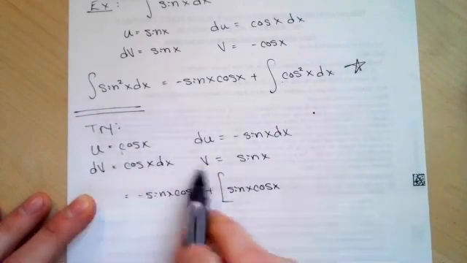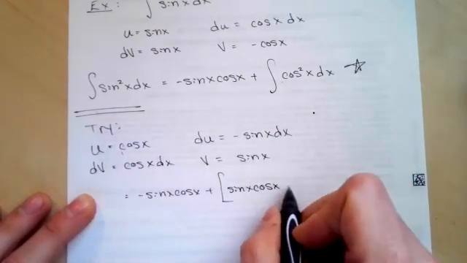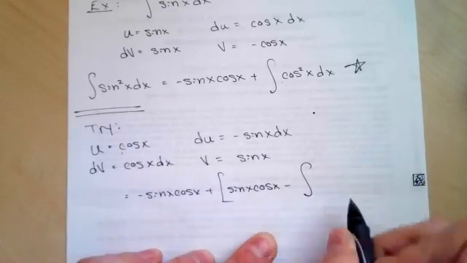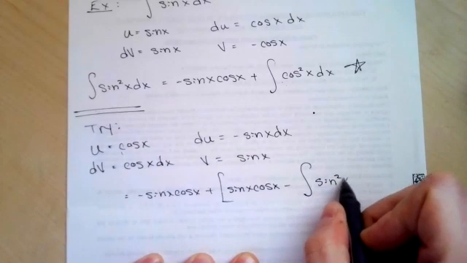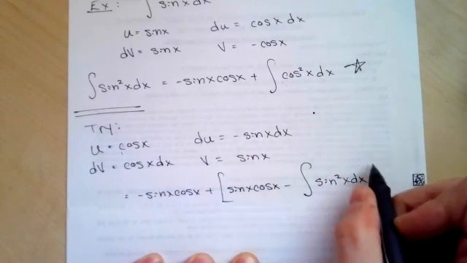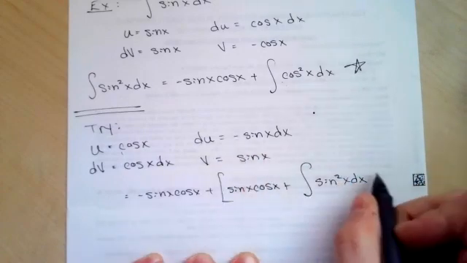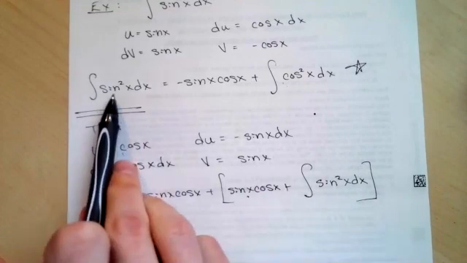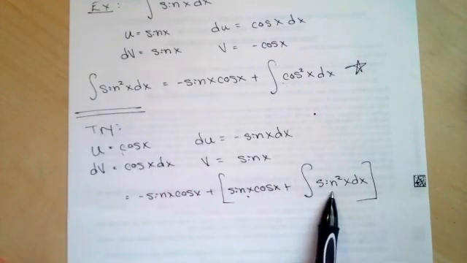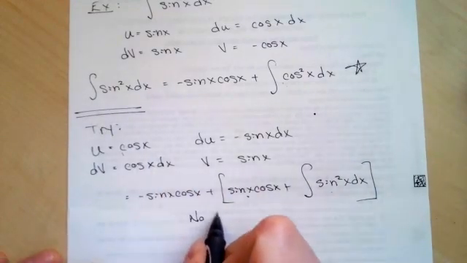That's our uv. And then minus the integral of v du, which is just sine squared x. And then that minus gives us a plus. And so you can see those two terms are going to cancel, and we will have sine squared x equals sine squared x. So no help.